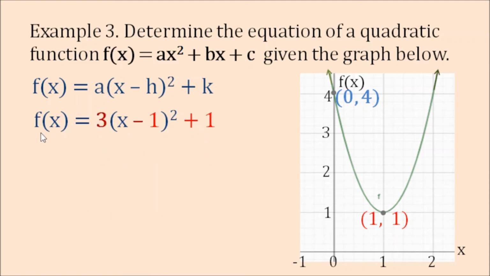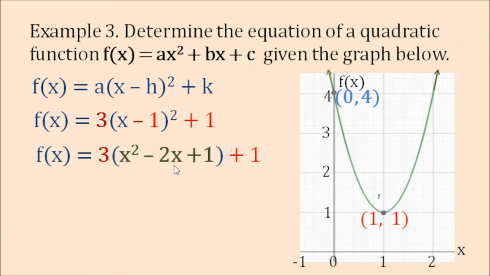Our equation now is written in vertex form. To write it in standard form, we have to square this binomial first. Okay, x minus 1. So the square of the binomial x minus 1 is x squared minus 2x plus 1.